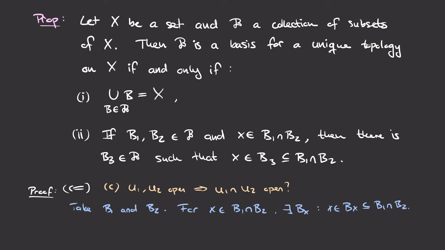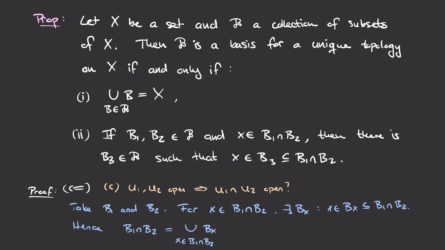Okay, and now we're going to apply the same trick we used before in the proof of the basis criterion in order to express this intersection as a union over basis elements. So we're going to observe that this intersection is actually going to be equal to the union over all x in the intersection, and we take the union over these basis elements B_x that are associated to each point x.